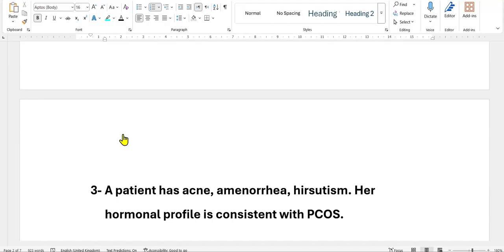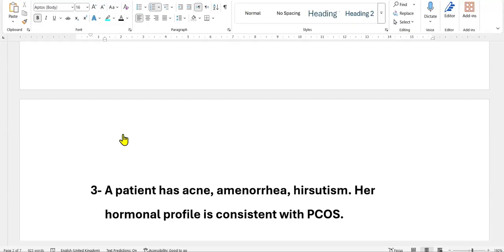Are suggestive of something called polycystic ovarian syndrome, or all of these are consistent with something called polycystic ovarian syndrome. Okay? Polycystic ovarian syndrome is a condition that affects the ovaries. The ovaries are not working properly as they should be.